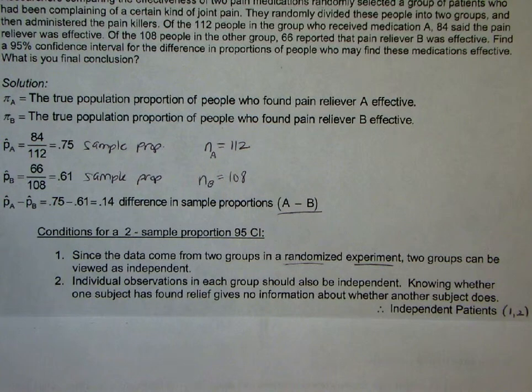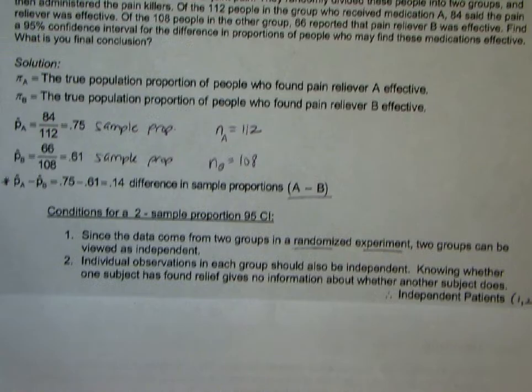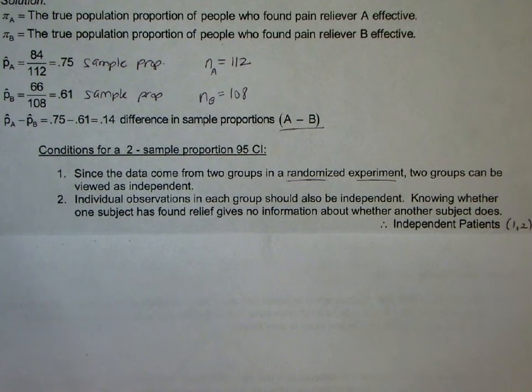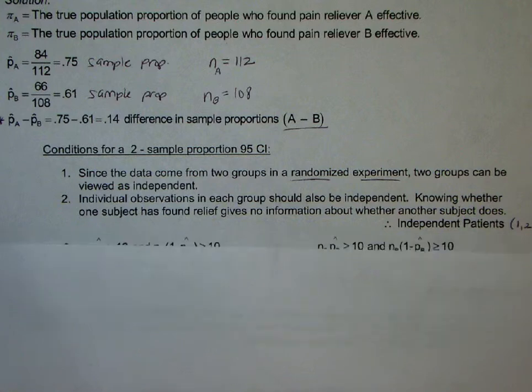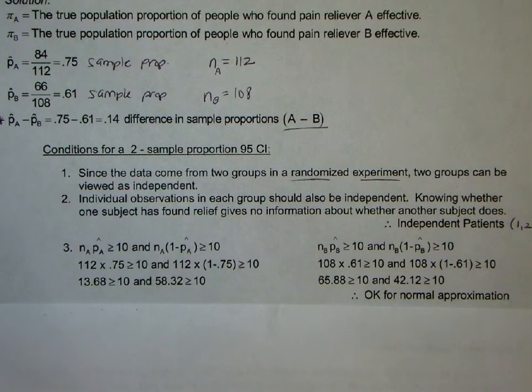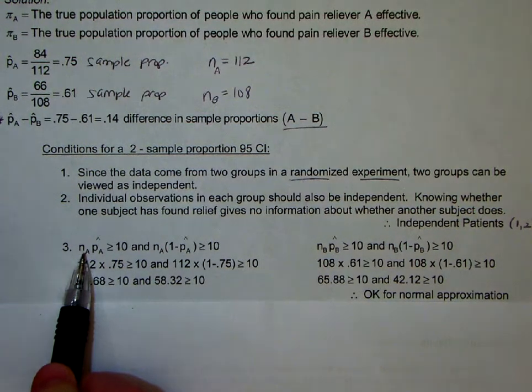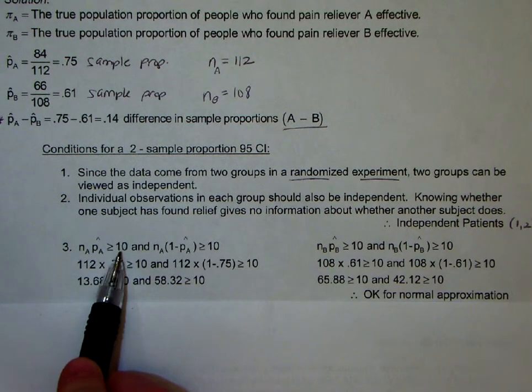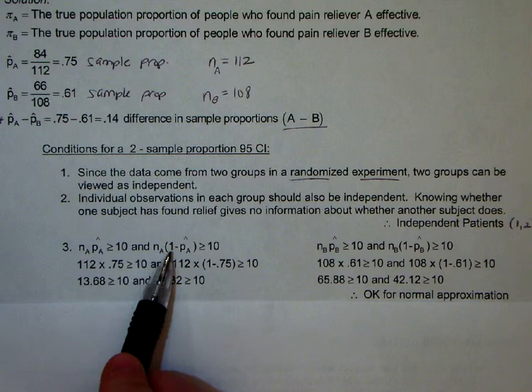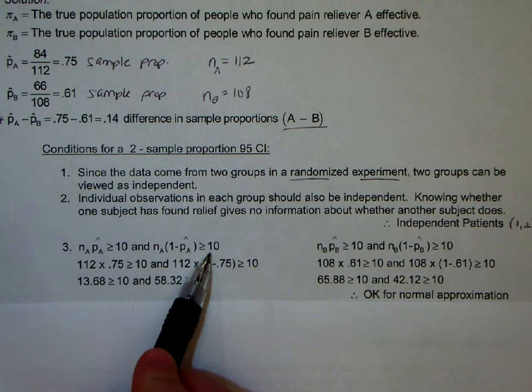But you also have to check, because what you really have are two different distributions coming together. So, like I said, you're kind of just doubling up on everything that you've done before. So you'll see this beautiful stuff going on here. Okay, so n p hat is greater than or equal to 10. n times 1 minus p hat is greater than or equal to 10.